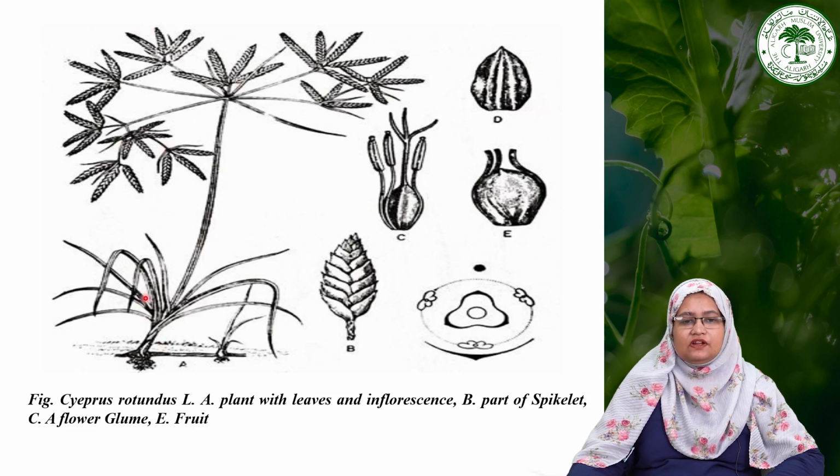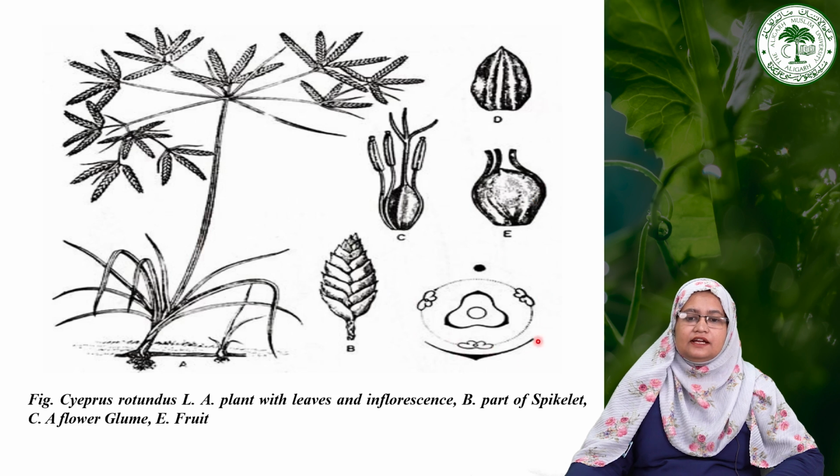Here at the base you will find the leaves are arranged in a tristichous manner, and this is showing one single spikelet, and here a single flower of this particular plant, Cyperus rotundus, that has 3 stamens, and the gynoecium is made up of a tricarpellary syncarpous superior ovary, and here you can see the glume, then the fruit, and this one is the floral diagram.